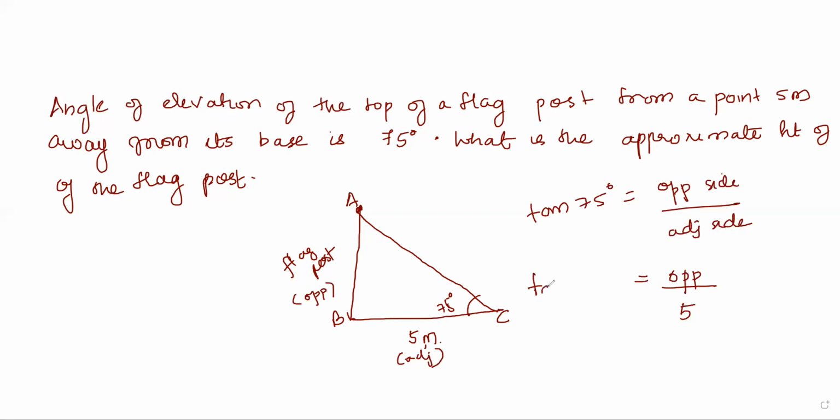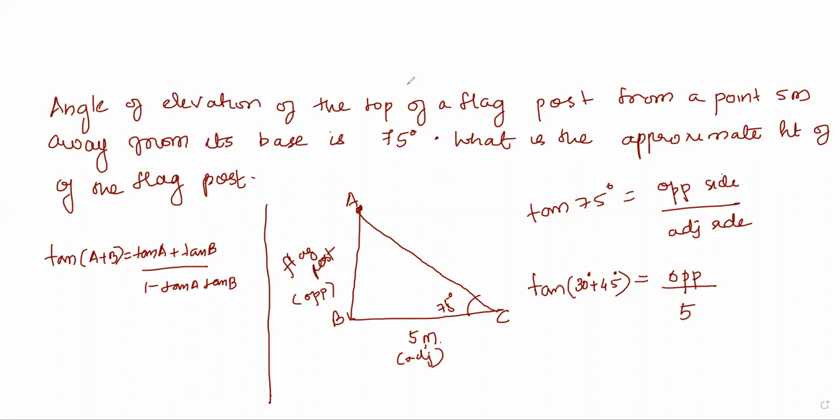So how can you do? 75 can be written as 30 degree plus 45 degree, isn't it? So what is tan of 30 plus 45? What is tan A plus B? Tan A plus B, I'm writing here. Tan A plus tan B by 1 minus tan A tan B. Remember?